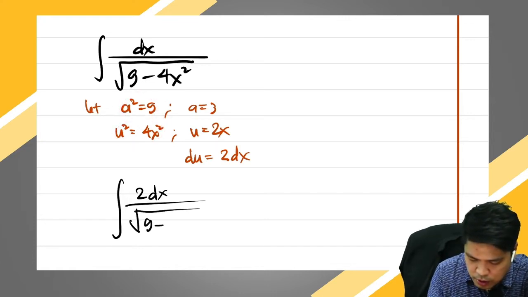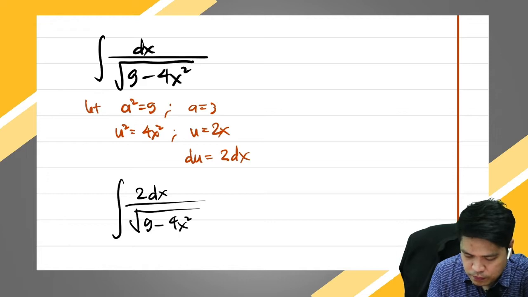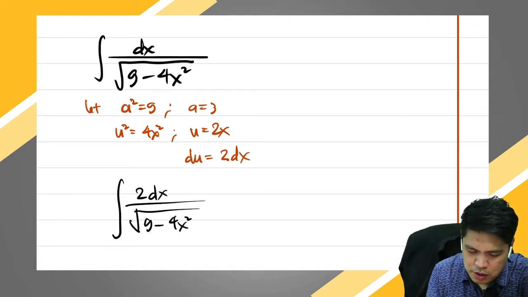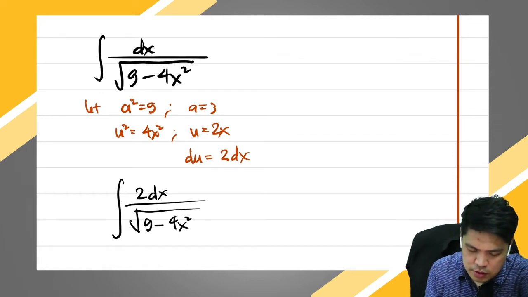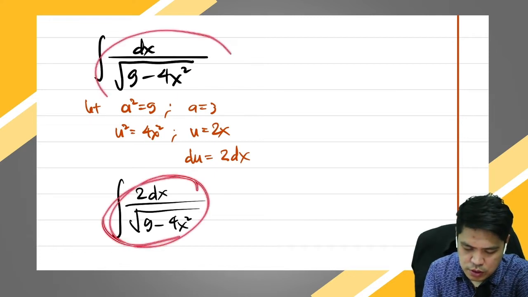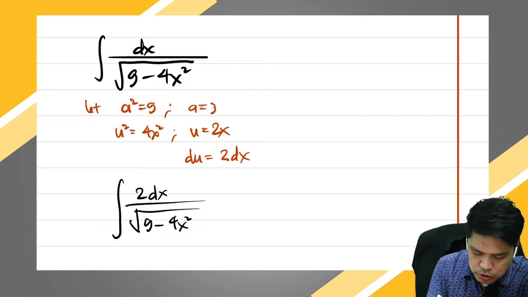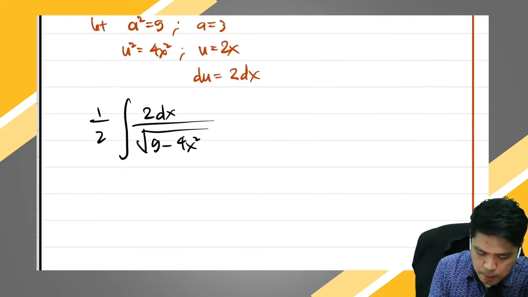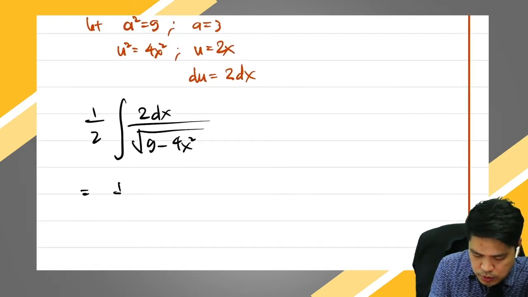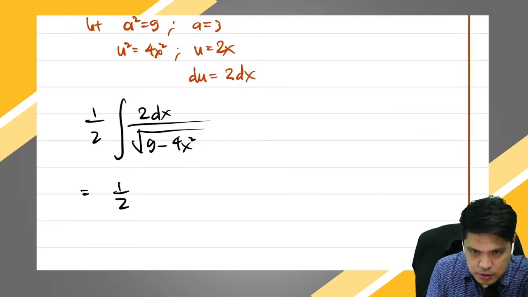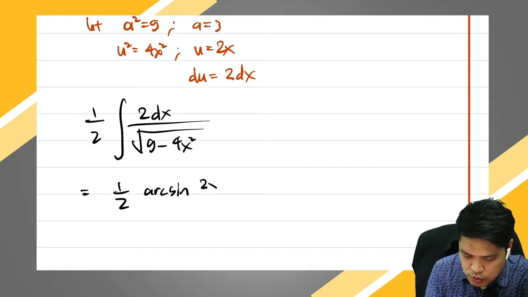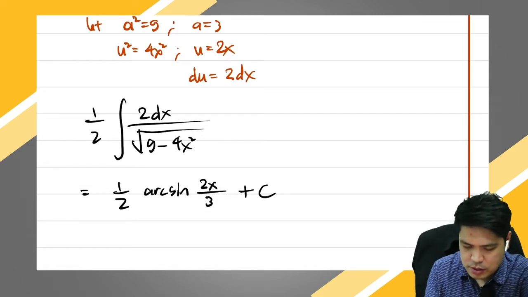So from there, it's obvious that the difference of these two is just the factor 2. So we multiply this by 1/2. So our answer would be 1/2 times the arc sine of u over a, which is 2x over 3, plus c. So that is our answer.